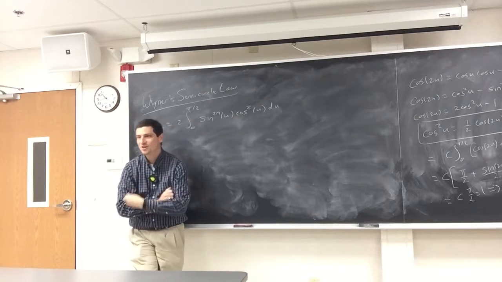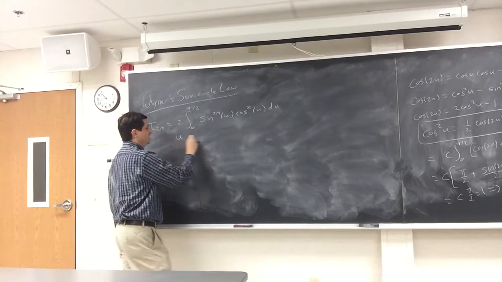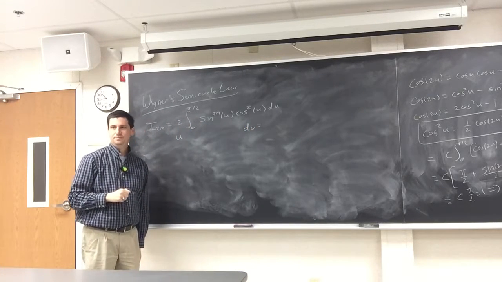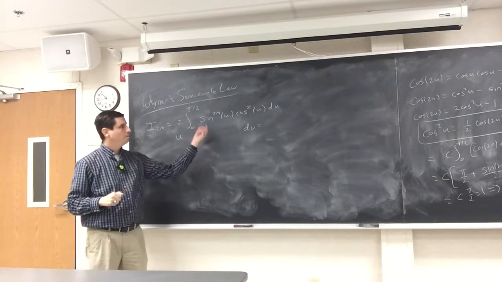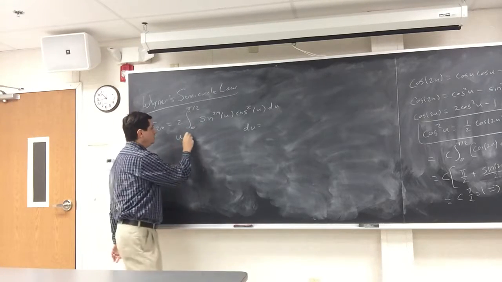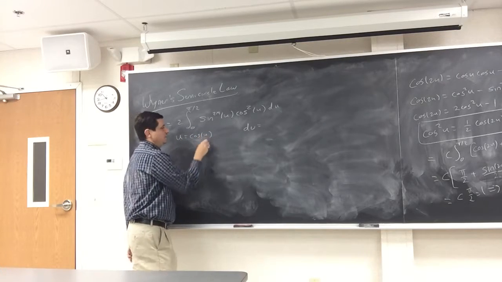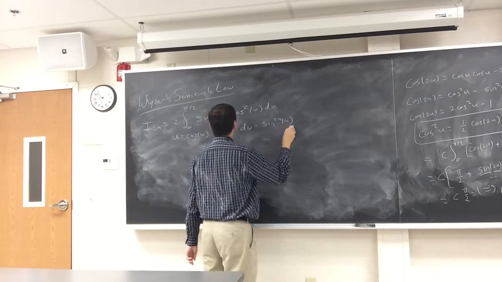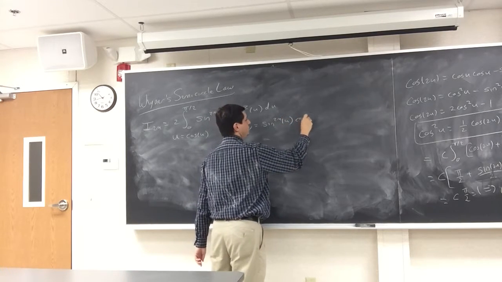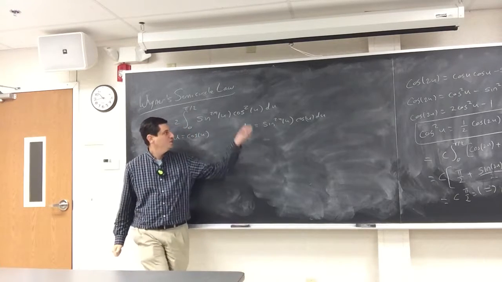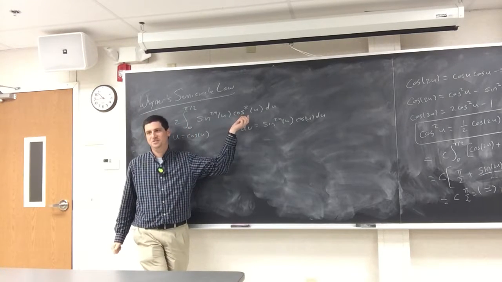Integrate by parts. What should we let u be? What should we let dv be? So let u be cosine of u, and dv will be sine to the 2m of u cosine of u du. So basically, we're going to split up the cosines.